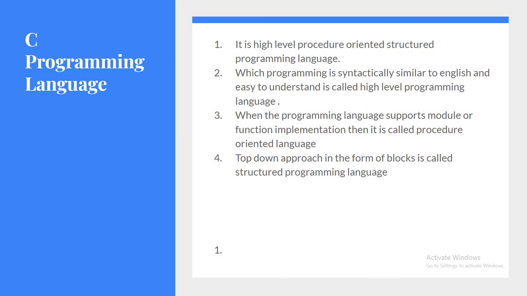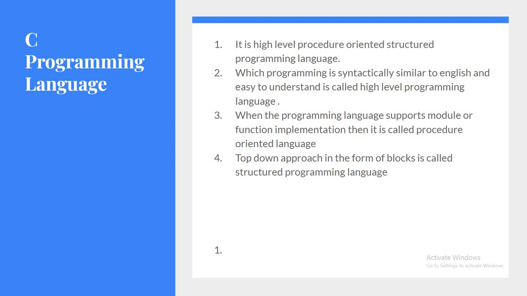And what about procedure oriented? When a programming language supports modules or function implementation, then it is called a procedure oriented language. Then we have approaches: top down and bottom up.